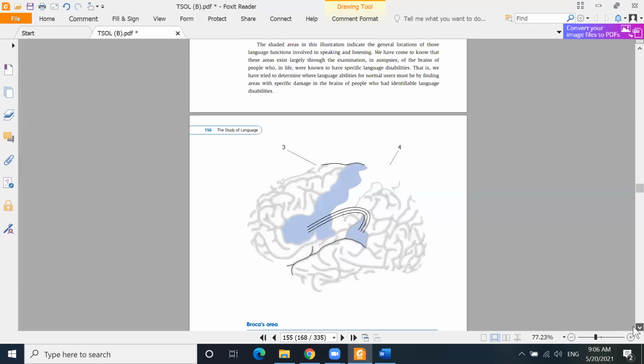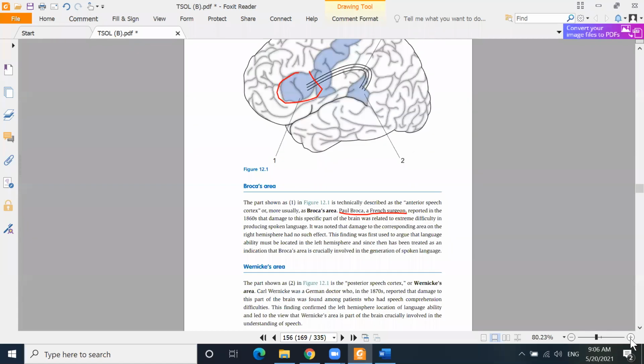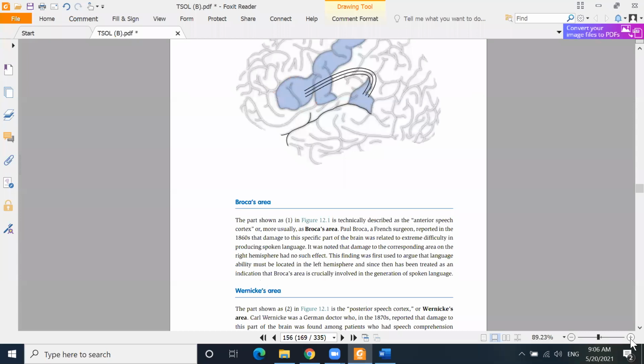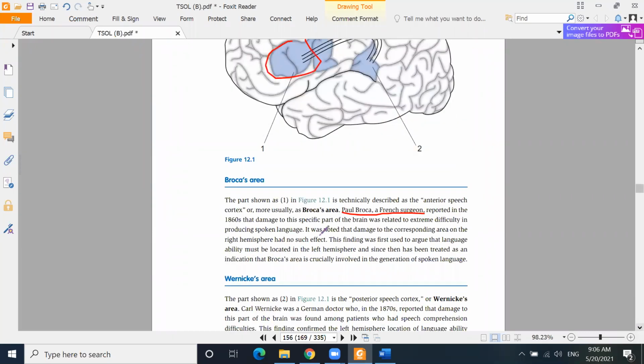So yeah, coming to our point again, this Broca's area was discovered by Paul Broca somewhere in the 1860s, right? He was actually diagnosing a patient who had got some damage in this part of the brain, right?